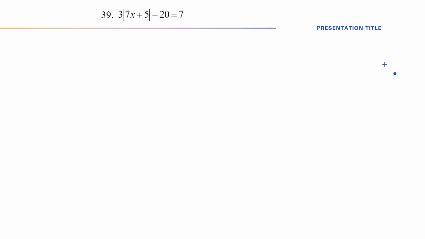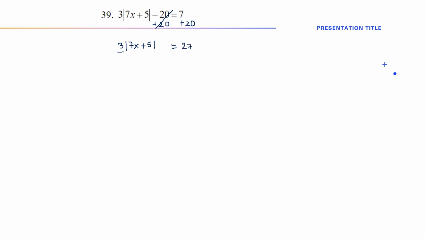Now we have a more complicated one, but just do it step by step. We can combine like terms first and isolate the absolute value. Alright, now we start by adding 20 to both sides. So we have 3 times the absolute value of 7x plus 5 equal, that cancels, 27.